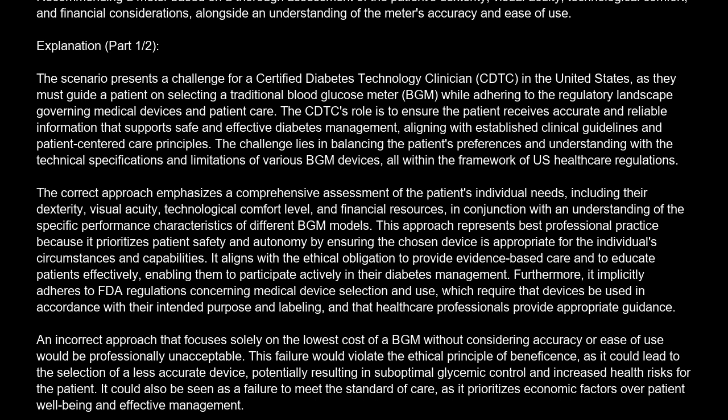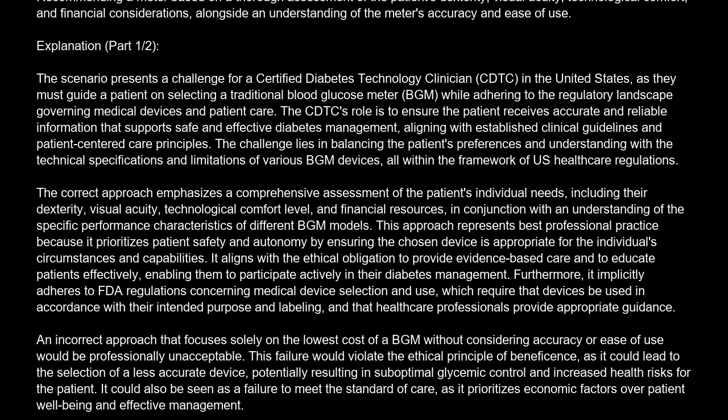The scenario presents a challenge for a certified diabetes technology clinician, CDTC, in the United States, as they must guide a patient on selecting a traditional blood glucose meter, BGM, while adhering to the regulatory landscape governing medical devices and patient care. The CDTC role is to ensure the patient receives accurate and reliable information that supports safe and effective diabetes management, aligning with established clinical guidelines and patient-centered care principles.